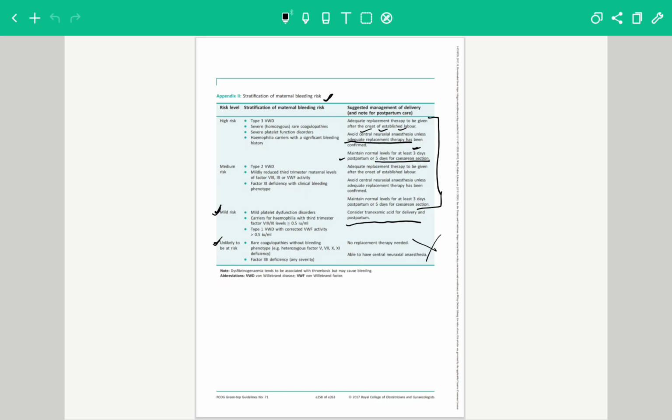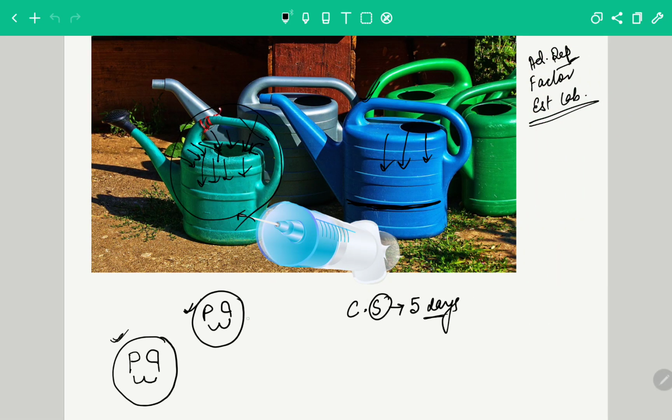C-section. So the mainstay criteria for the management of these patients is replacement of the water in the tank, that is the coagulation factor which is deficient, its replacement in the body, and don't puncture the tank, that is do not give central neuraxial anesthesia till you have ensured that adequate replacement therapy has been confirmed, and this maintenance of normal levels has to be maintained for 3 days postpartum.